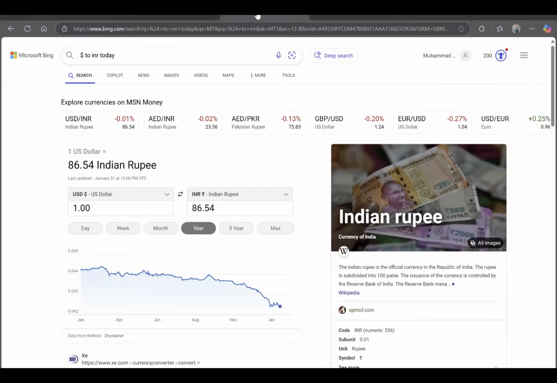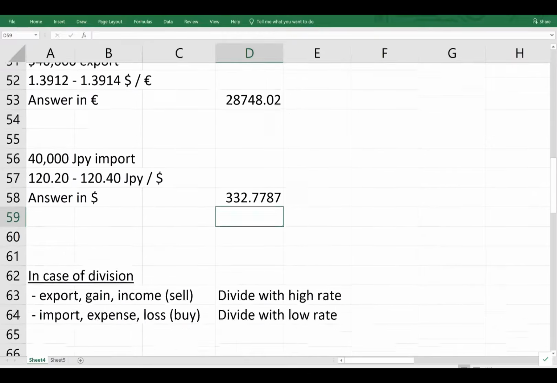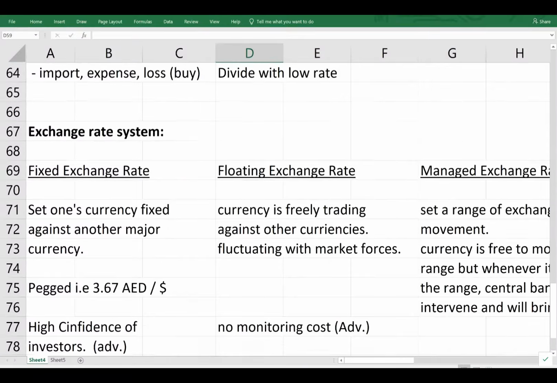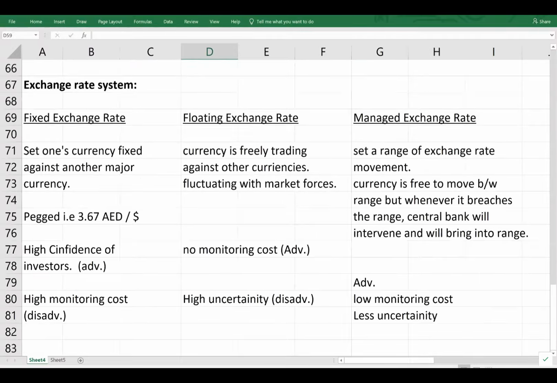And for many, many years, there's a system that the UAE government took the initiative and they pegged the rate to the dollar, right? So normally we have three types of systems that exist in this world.